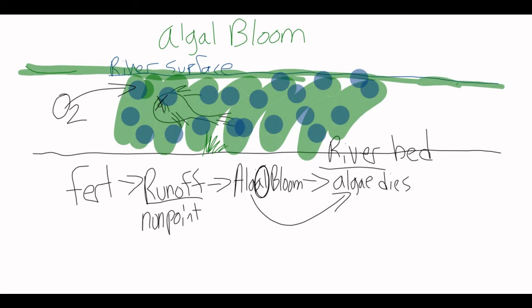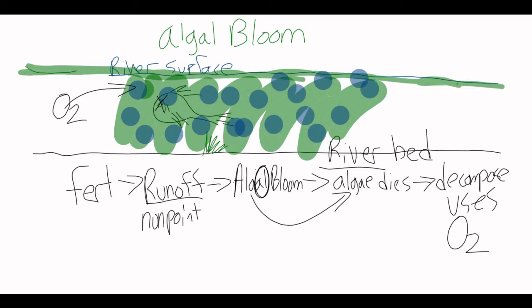So algal bloom is a bloom of algae, and then the algae die, and then once the algae dies, it decomposes, and the decomposing uses up dissolved oxygen in the water, and then the fish are at least going to be stressed.